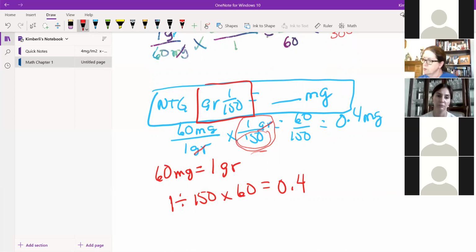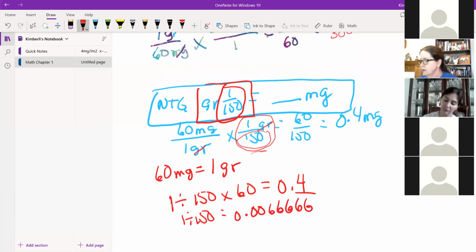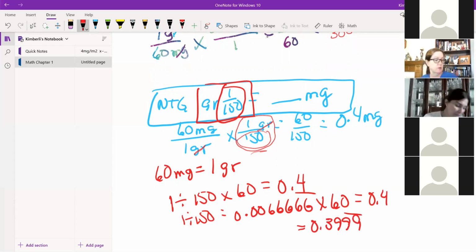What we're doing is taking this number here and turning it into a decimal first. 1 divided by 150 equals what? Let me get my calculator. I get 0.006666, and it repeats. But if I just go straight into times 60, what I actually get is 0.39999 repeating, which rounds up to 0.4.